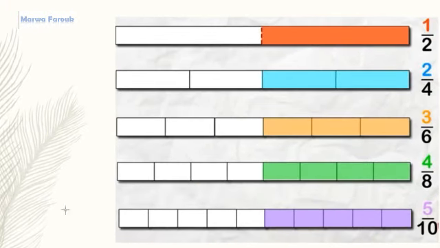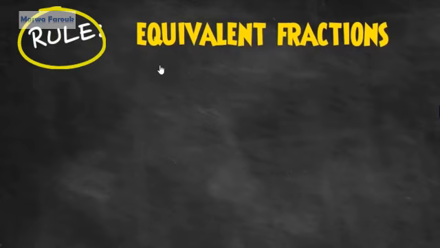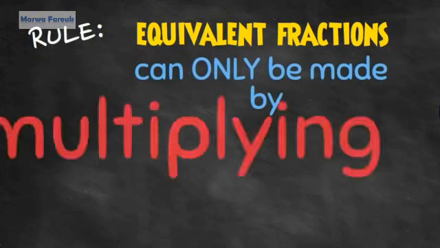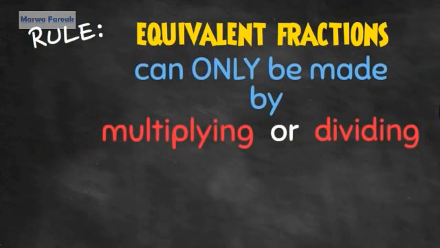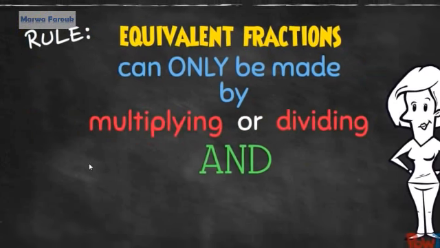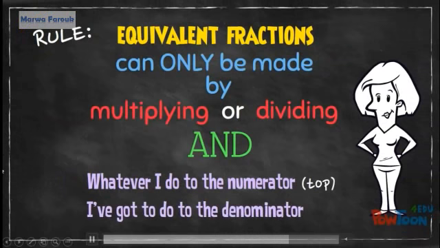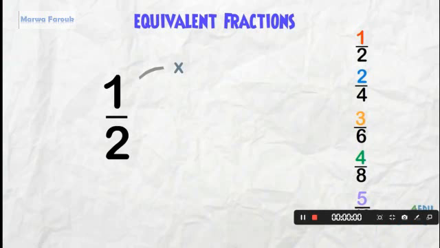Okay, let's go to the next step. We have an important rule to memorize very well. And this rule says that equivalent fractions can only be made by multiplying or dividing. And whatever I do to the numerator, I have to do to the denominator.